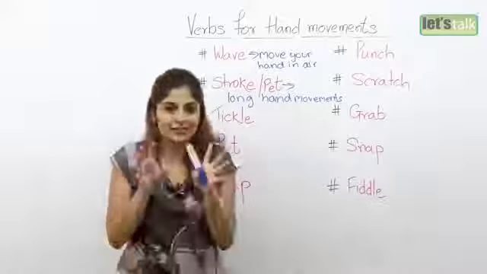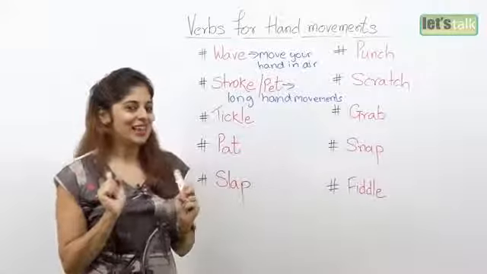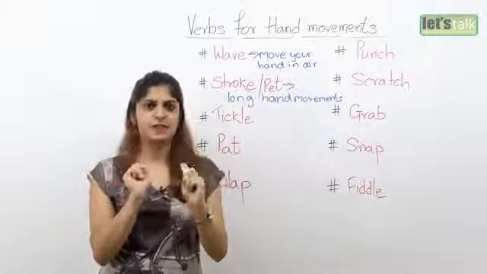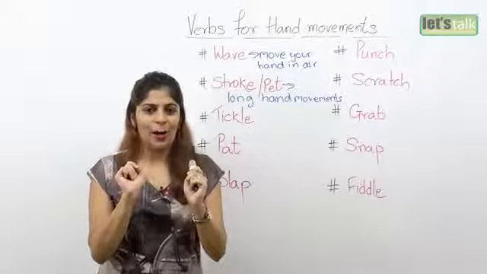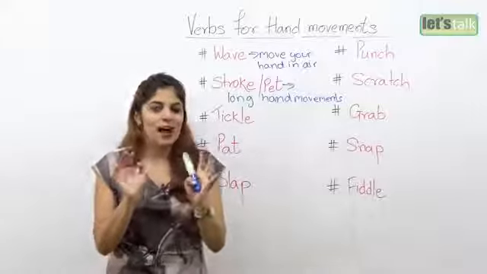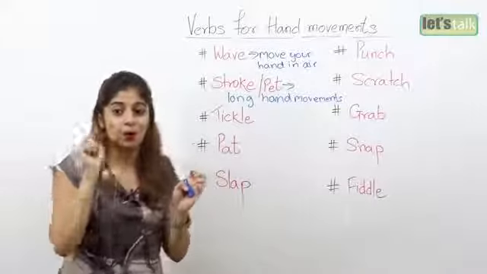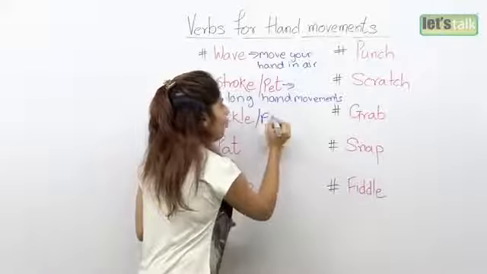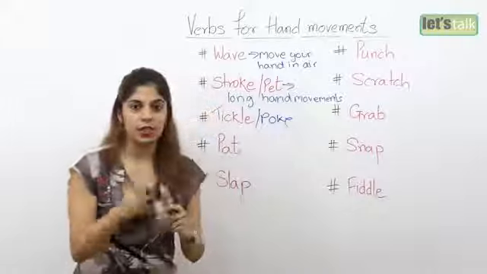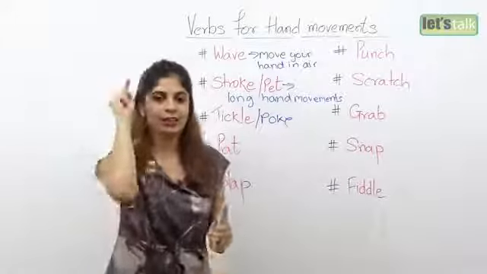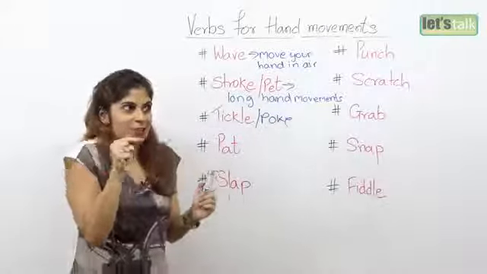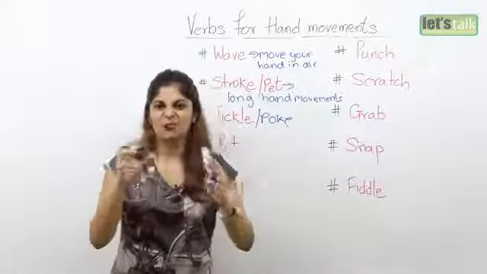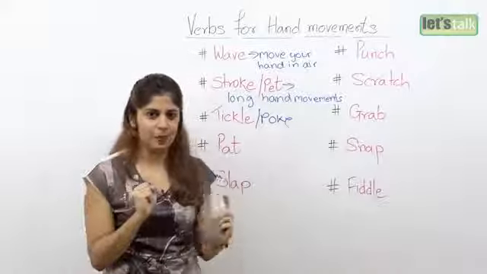Next one, tickle. Tickle is when you use your fingertips or your fingers to make someone laugh. So you touch them lightly, or you poke them with your finger. So either it's tickle or poke. Poking is using just one finger and you touch someone, and that's just to make them laugh or even to make them a little uncomfortable.